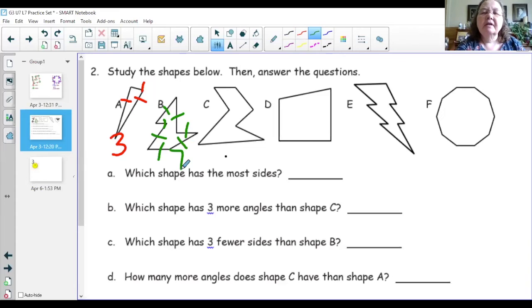Okay, let's look at the next one. 1, 2, 3, 4, 5, 6, 7. Let's look at the next one. 1, 2, 3, 4.